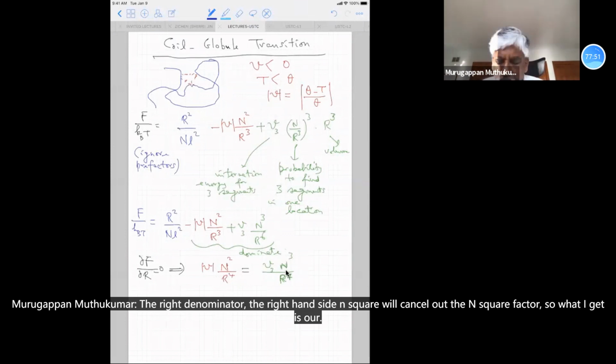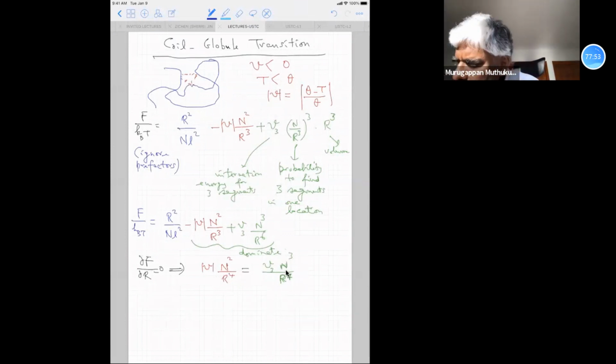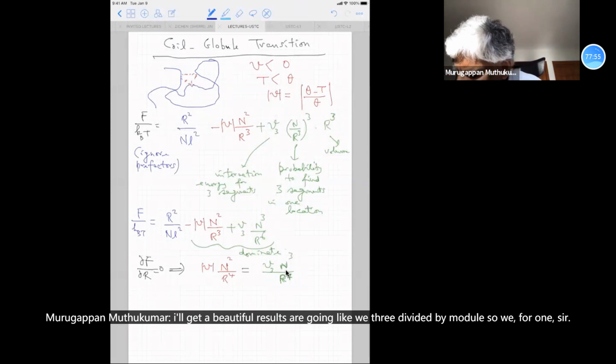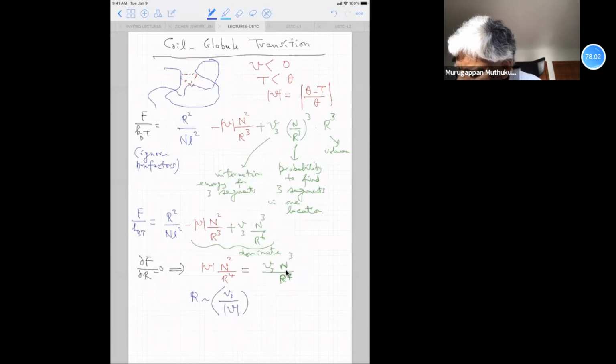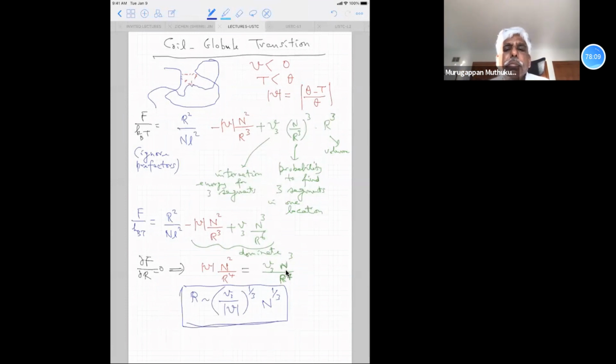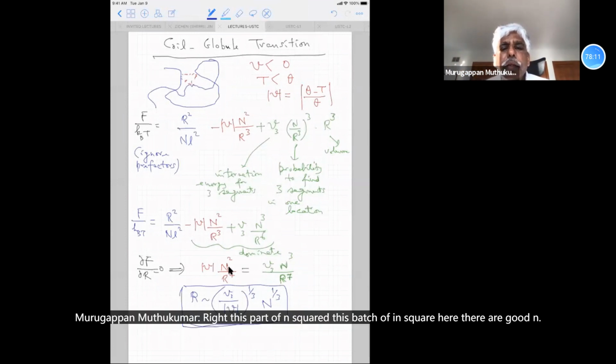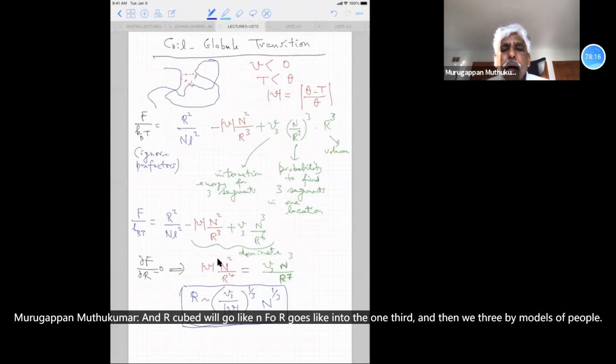So I get a beautiful result: r goes like V3 divided by modulus of V, to the 1/3, and n to the 1/3. That's what you get. There's a factor of n squared here, therefore I get n, and r cubed will go like n, therefore r goes like n to the 1/3, times V3 by modulus of V to the power 1/3.